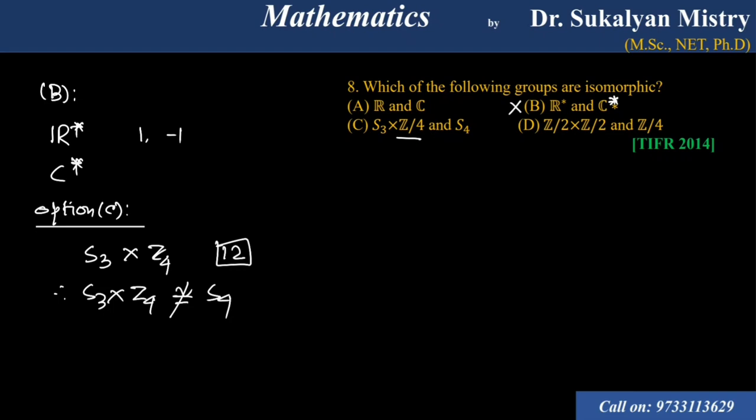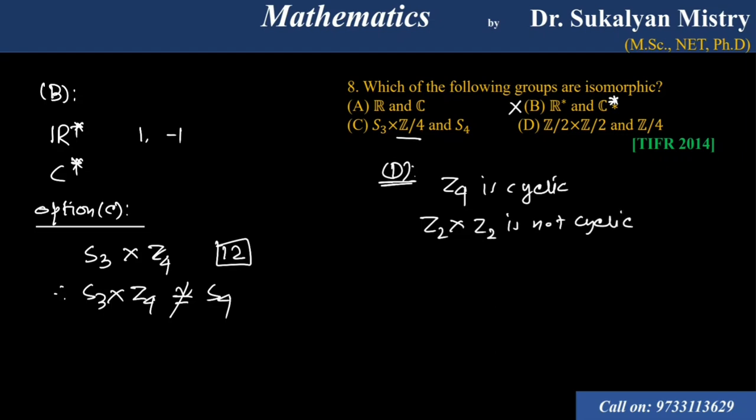For option D, we know that Zn is cyclic for all n. So Z4 is cyclic. But Z2 cross Z2 is not cyclic because we know that Zm cross Zn is cyclic if and only if m and n are relatively prime.